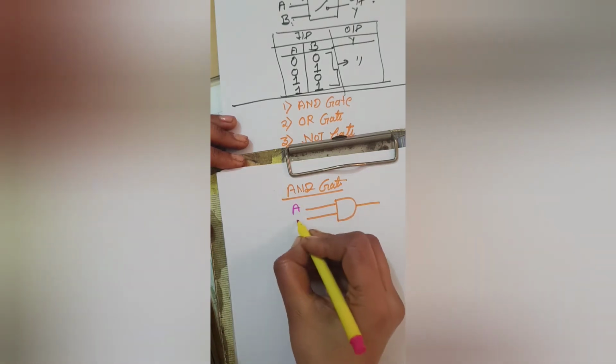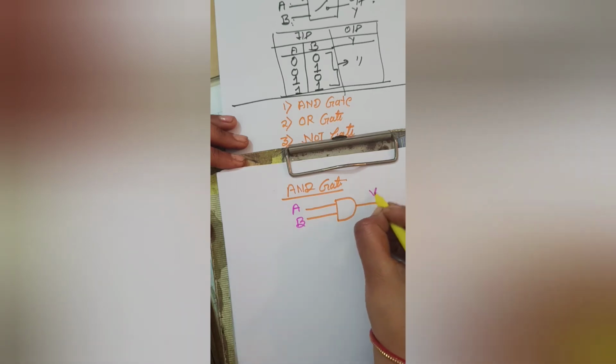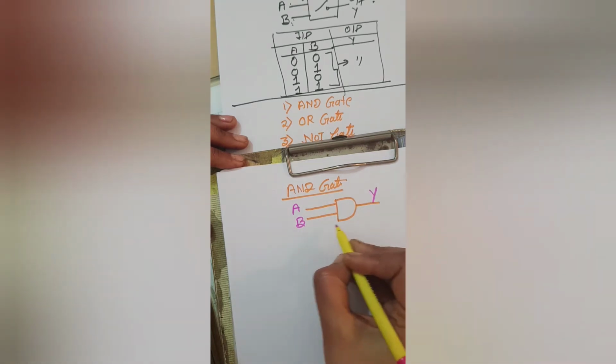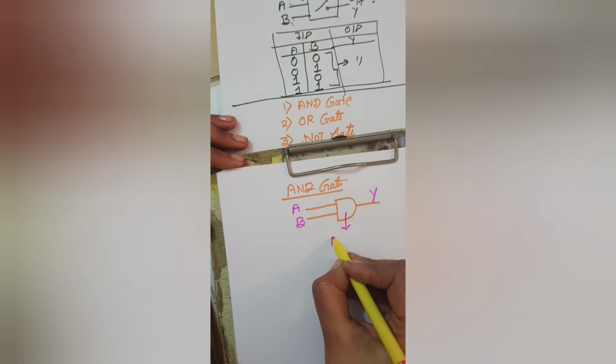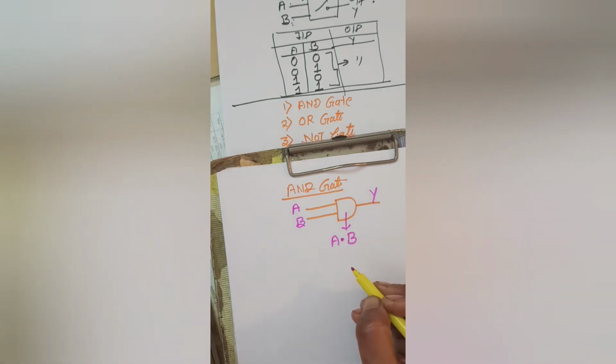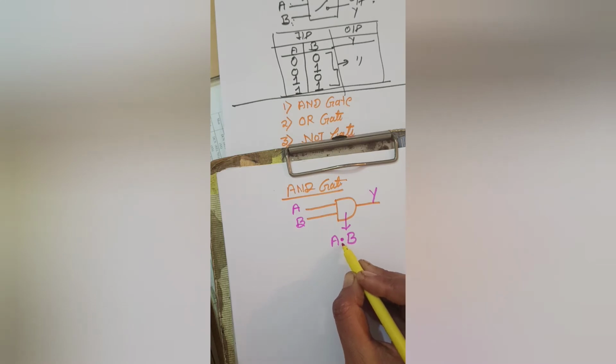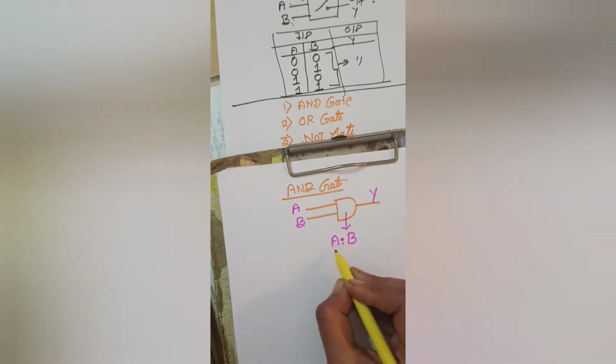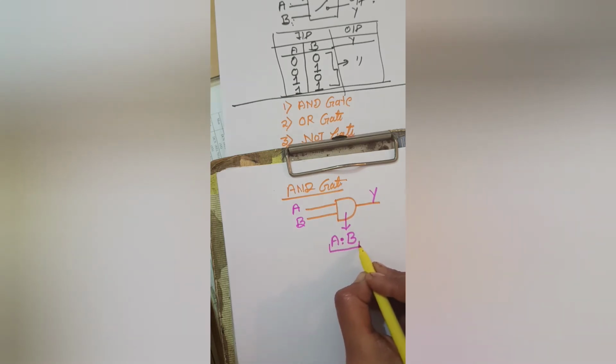Either A or B, and the concerned output will be Y. The logical operator of this AND gate is A dot B. Try to remember in terms of mathematics, dot represents multiplication. So the concerned output Y will be the multiplied form of A dot B, A multiplied with B.